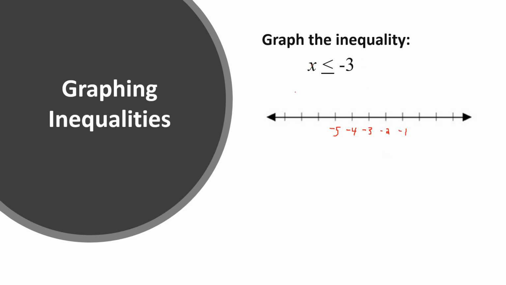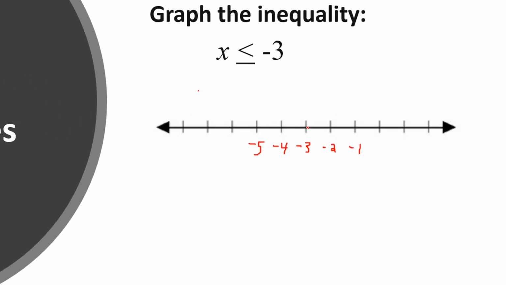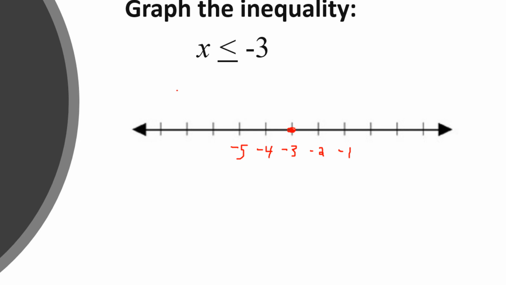This time, x can equal negative 3. So we put a solid circle here to indicate to the reader that it can equal negative 3. And now we want numbers that are less than negative 3. Well, that's to the left. So any number in this highlighted area will make this inequality true.